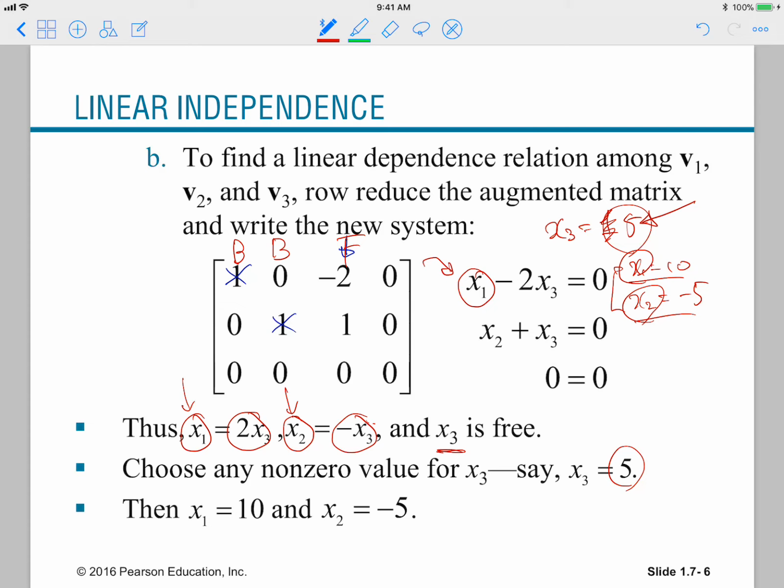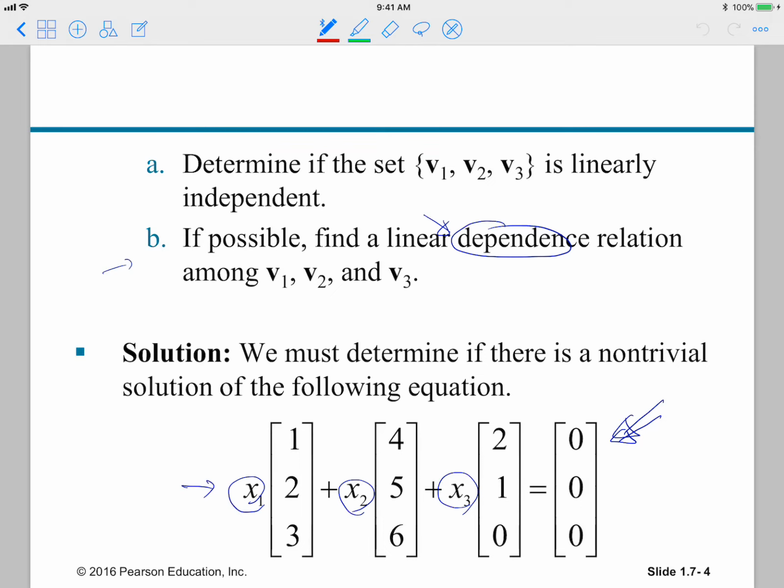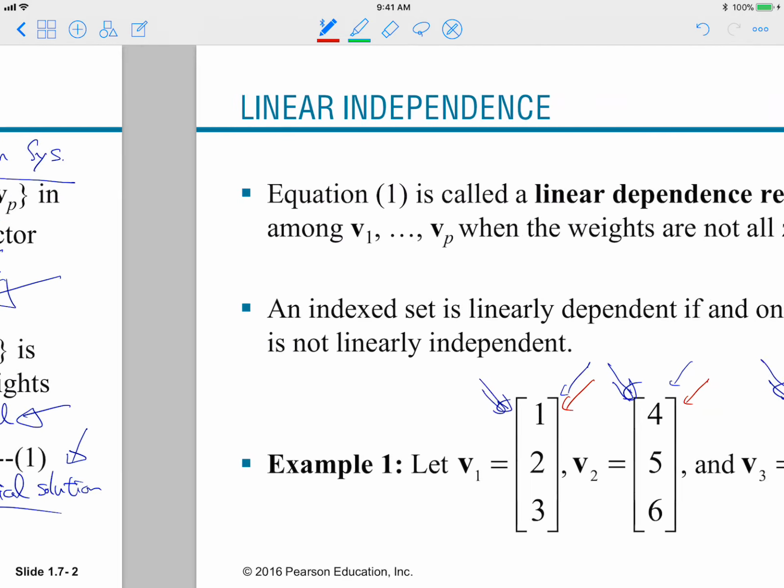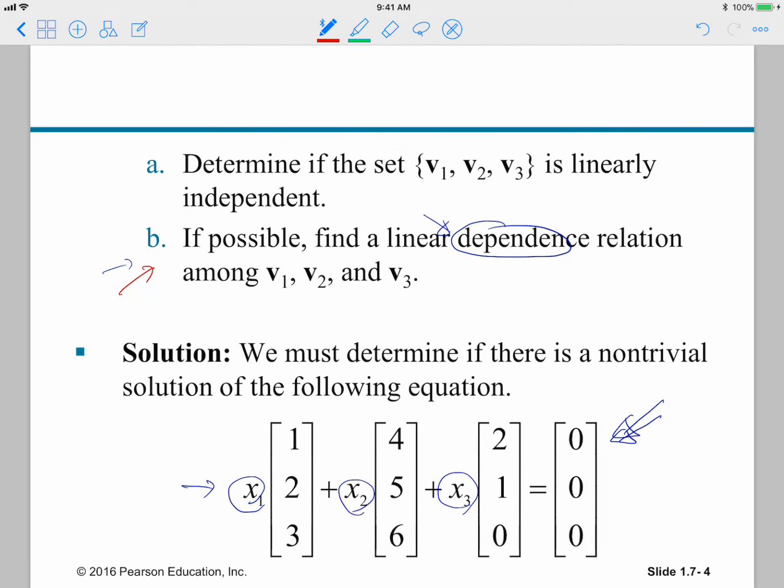Okay, so we can satisfy the requirement for linear dependence relationship, right? And so based on our formal definition of linear dependence, we can see that the free variable allows us to give a non-trivial solution, and thus those three given column vectors that we started from are linearly dependent.